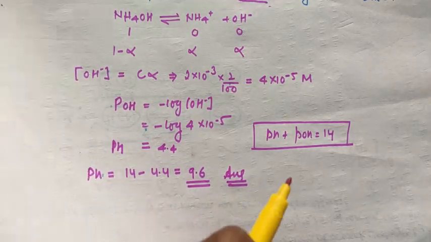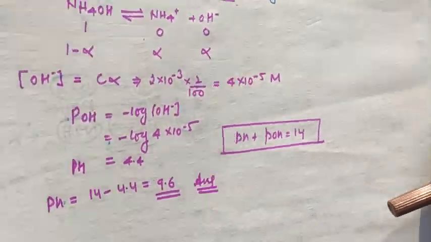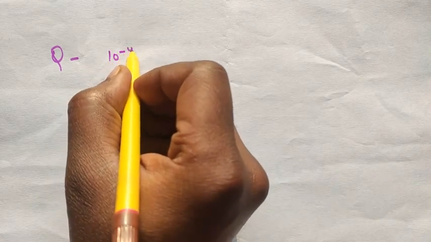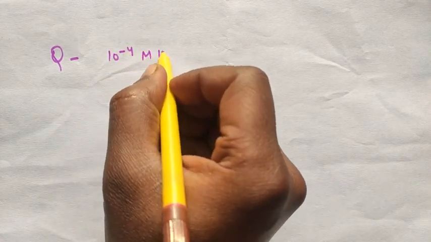Similarly, there are some more problems related to this. Second problem: calculate the pH of 10 to the power minus 4 molar H2SO4.